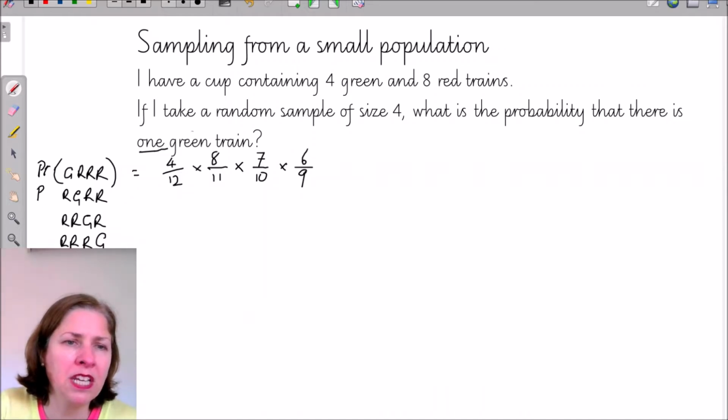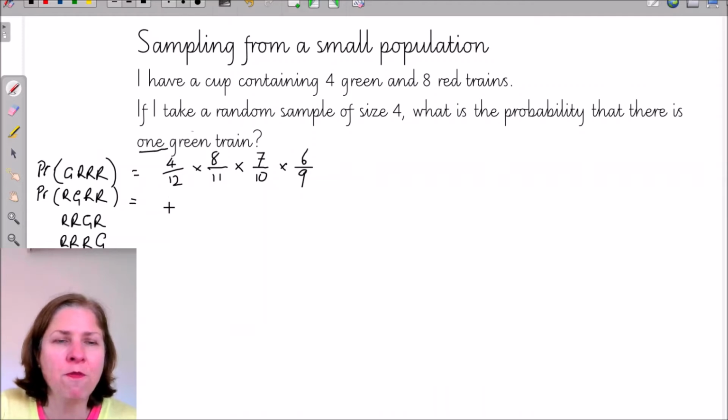What's the probability of it happening exactly like red, green, red, red? My first one is red. There are 12 trains in the cup, and 8 of them are red, so the probability that the first one is red is 8/12. The second train that I choose, what's the probability that it's green, given that I already chose a red train?